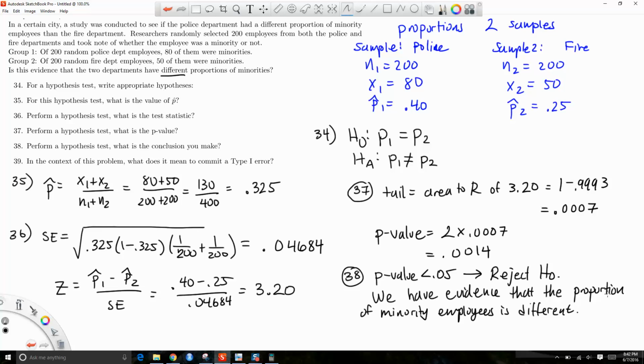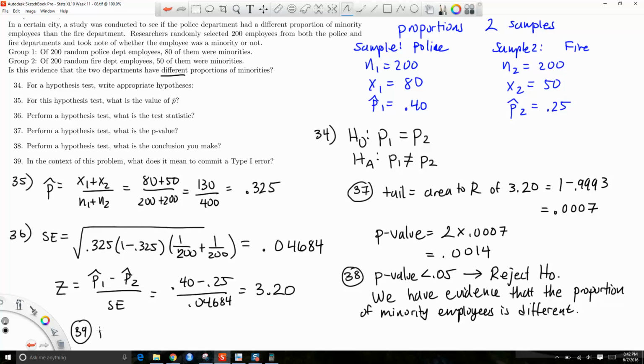Okay, and then 39 says, in the context of this problem, what does it mean to commit a type 1 error? To commit a type 1 error means the null hypothesis is true, but we believe that it is false. The null hypothesis being true means the proportion of minority employees is the same for both departments.